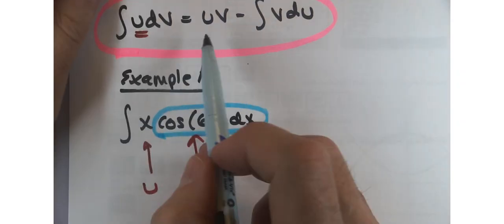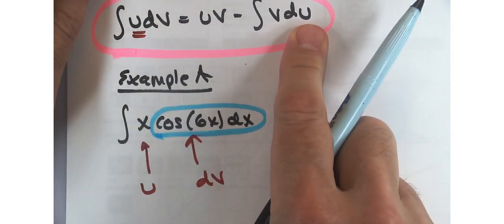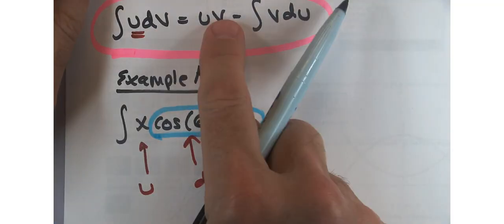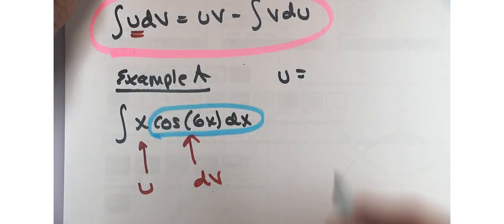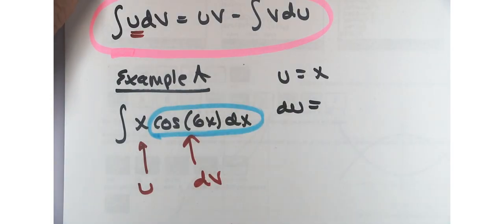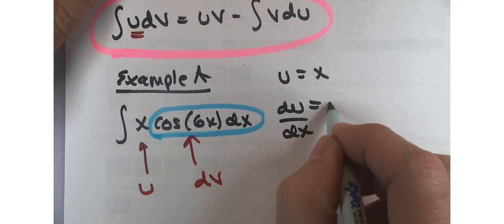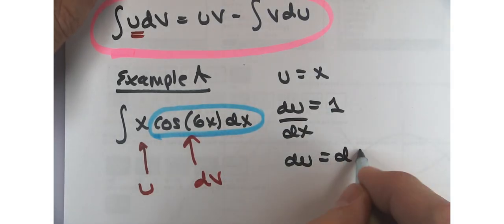Now, looking at my formula, I need a couple things. I'm going to need the derivative of u, that's going to be my du term, and I need to integrate this to get the v term. So let's start out with the easy part. If u is x, du by dx is 1, or better yet, du equals dx.